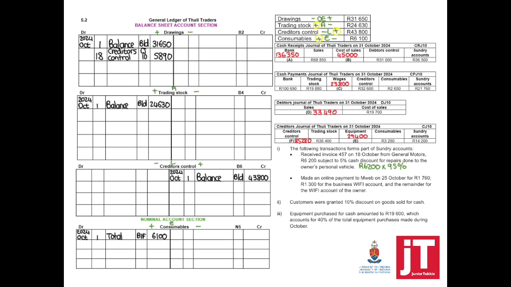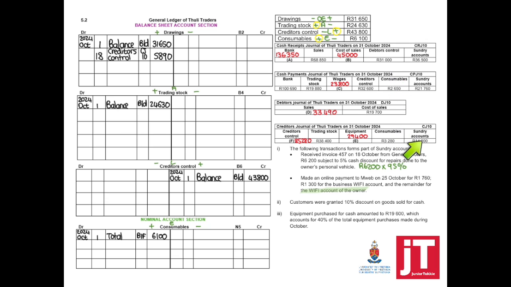Then it says, made an online payment to MWeb on the 25th of October for 1,760. 1,300 of this was for the business Wi-Fi account, and the remainder for the owner's. Again, anything that the owner takes for personal use is shown as drawings. Now it says made an online payment, and this is what is important to also take note of.